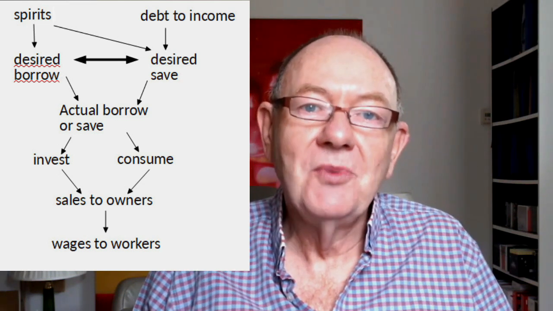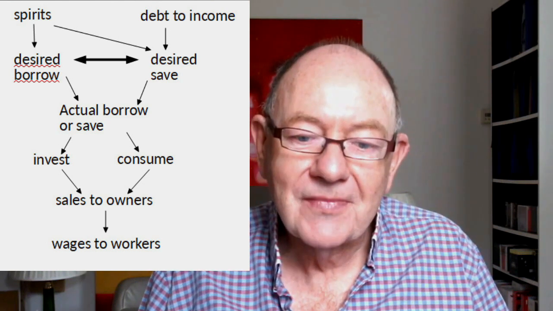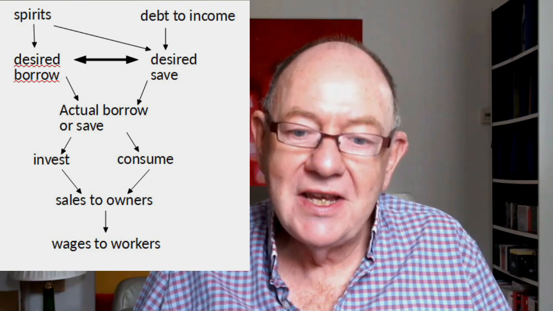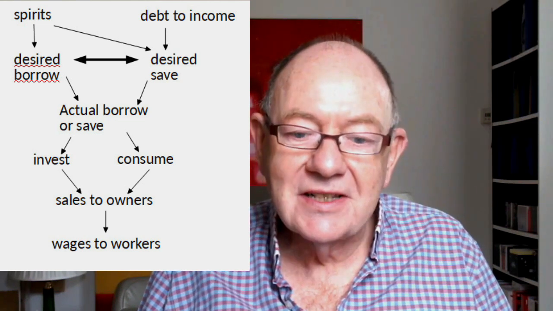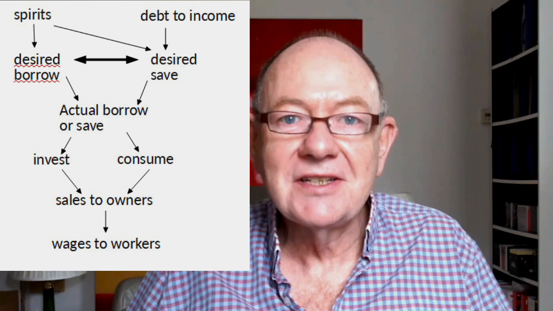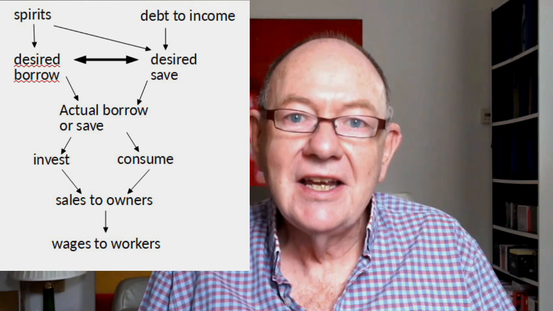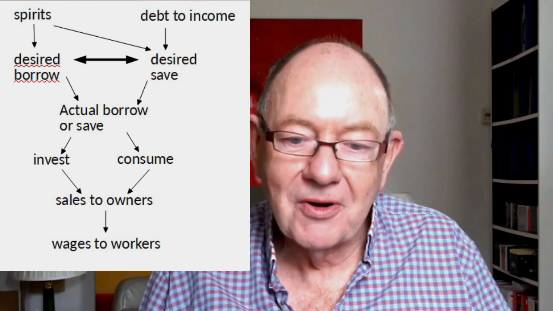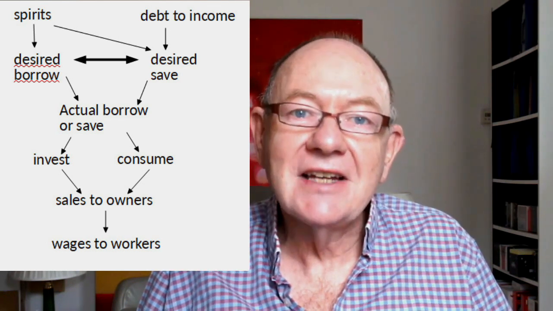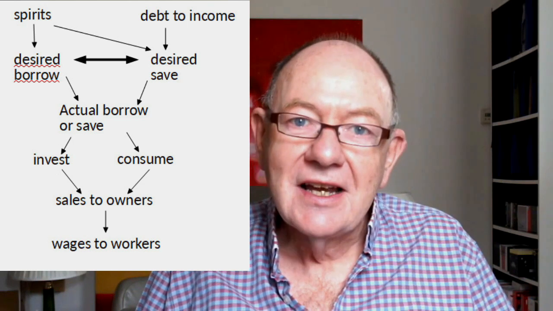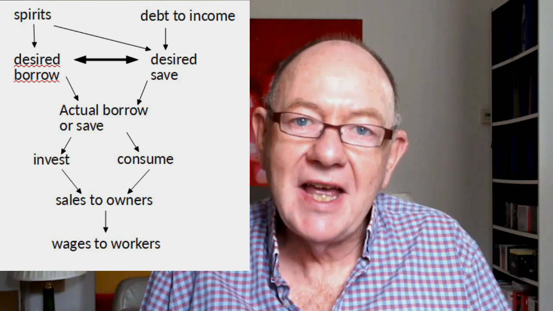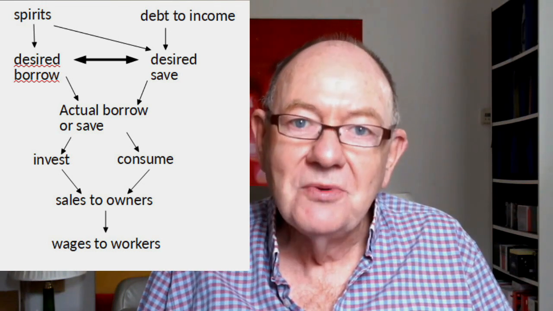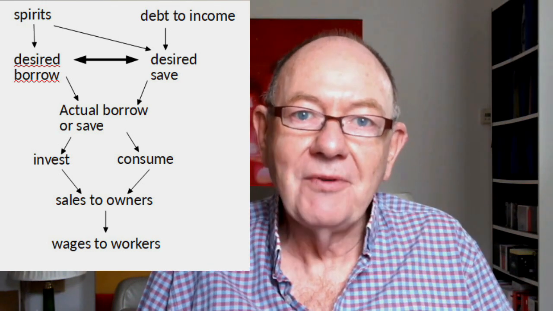The higher the spirits, the more they're likely to want to borrow. But if they've got existing debt, then debt weighs on their situation because there's a direct cost of paying interest that they owe on that debt, and it also constrains the amount that a bank is willing to let them borrow. So they will typically wish to keep debt down to a reasonable level. And how much they might want to repay of their existing debt, we will again have a very simple myopic decision rule, which is that it depends upon the level of the debt.